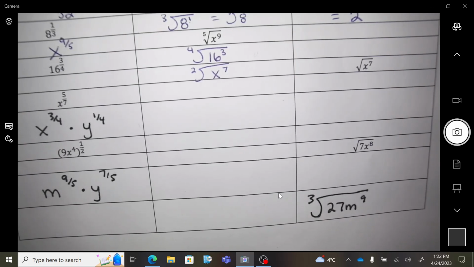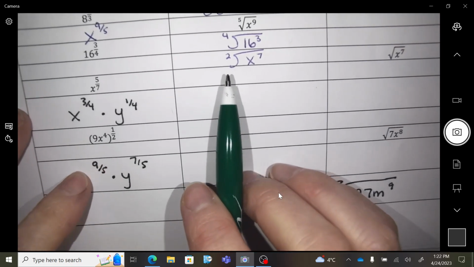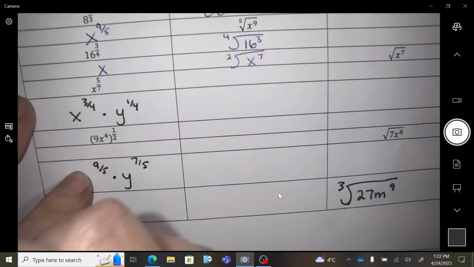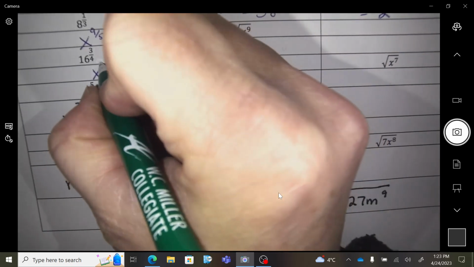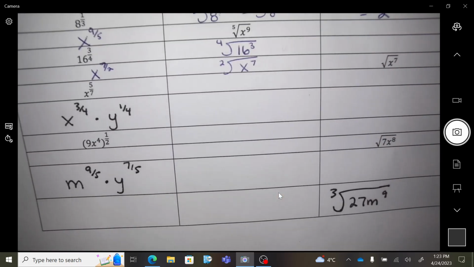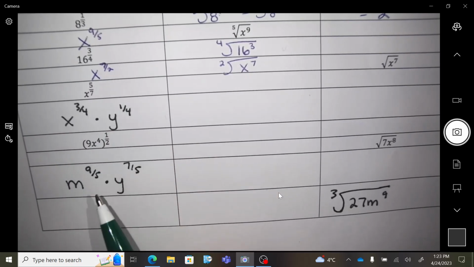It's implied that you're taking the second root of it. Okay, so what would you do here? X to the what? What do you think? 2/7 or 7 over 2? 7 over 2. Anytime there's a square root, it's a 2 on the bottom.